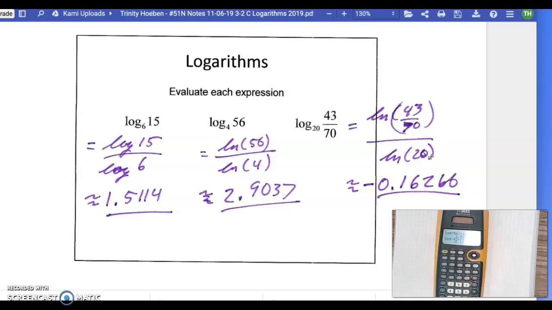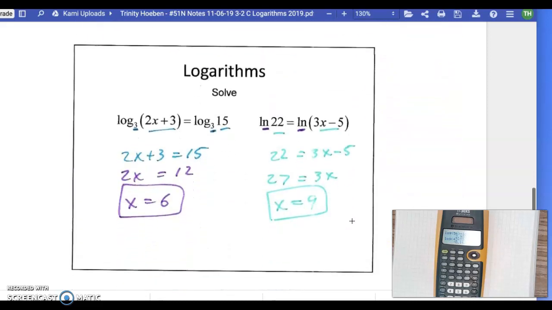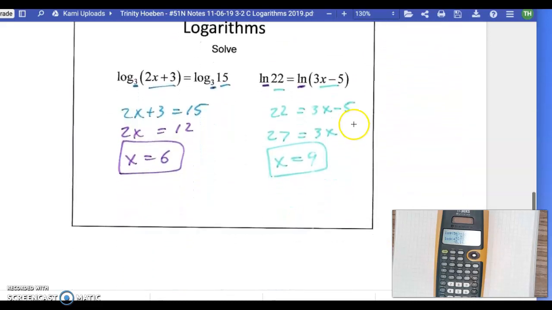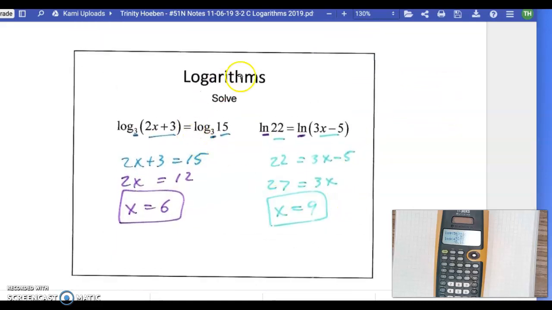And you should get this weird decimal, roughly negative 0.16266.